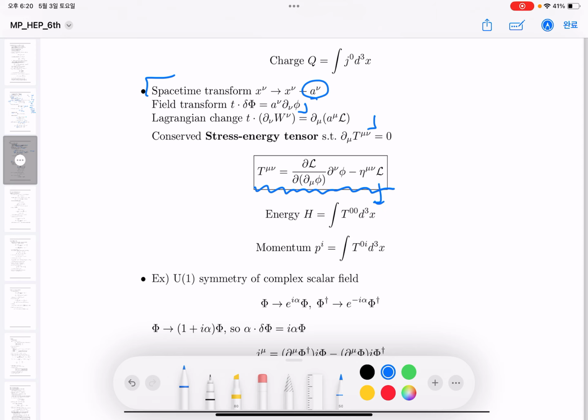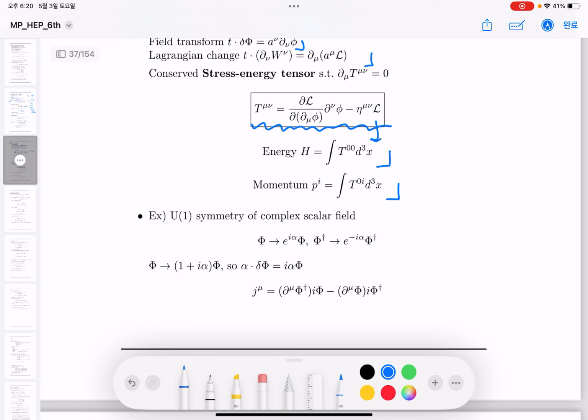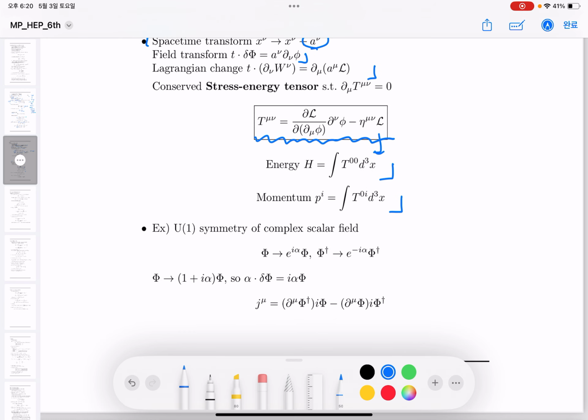The 00 component corresponds to the energy, the 0i components correspond to momentum, and the ij components correspond to the momentum flux. For example, if we consider the complex scalar field with the U(1) symmetry, with such phases for phi and phi dagger, then we can obtain the Noether theorem for the transformations. So this is the Noether current here.